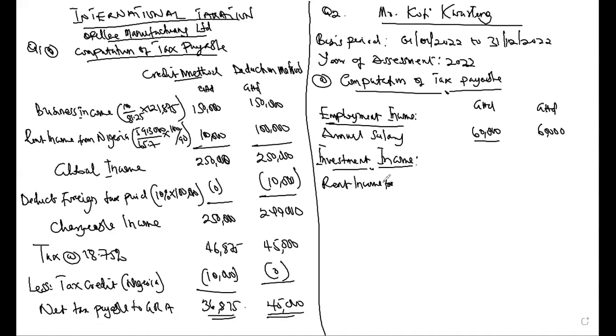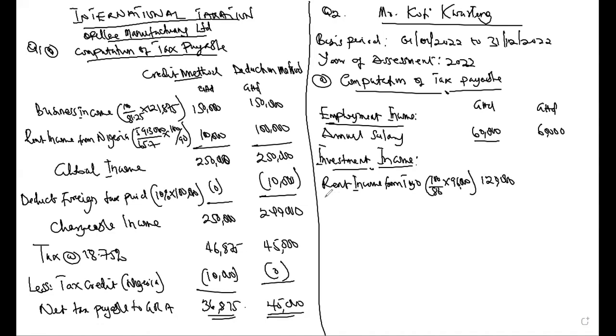The amount is 96,000, and a tax of 20% was deducted. Is that not it? Yes. So that will be 100 over 80, multiplying the 96,000. How much are we getting? 120,000.